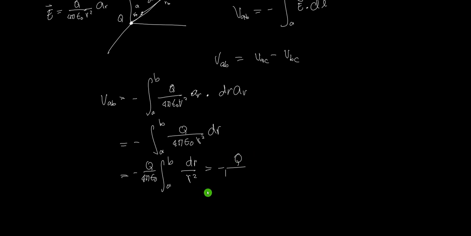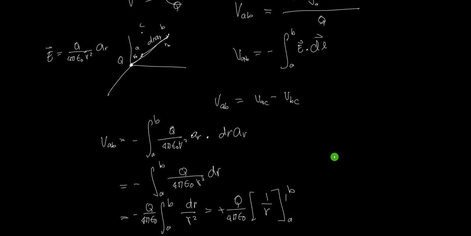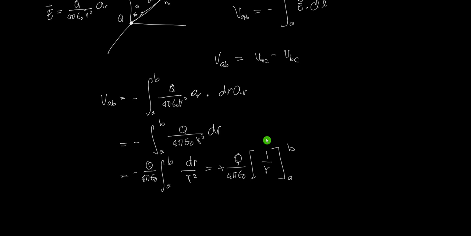So you put that at the denominator, and the sign becomes positive. So this becomes positive Q over 4 pi epsilon naught, multiplied by 1 all over R. And the limit is from A to B, from this point to this point.